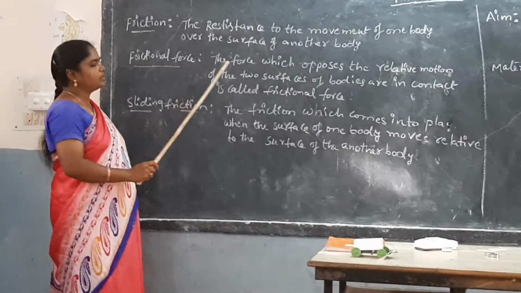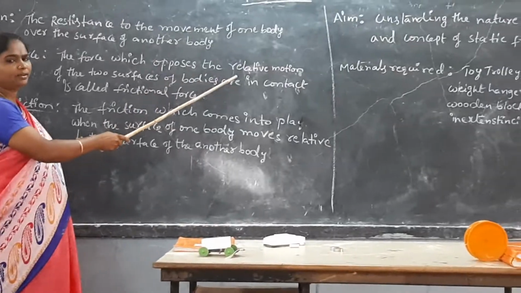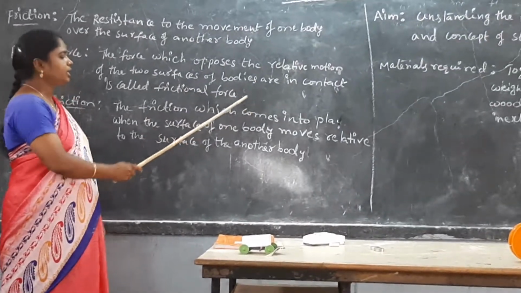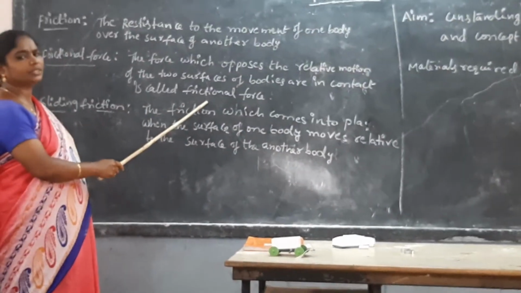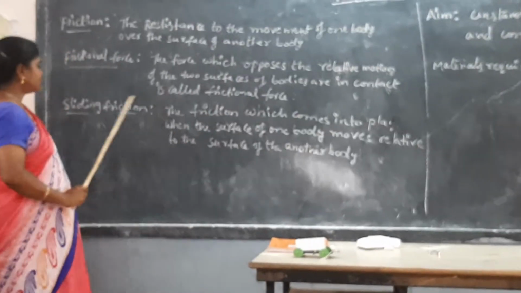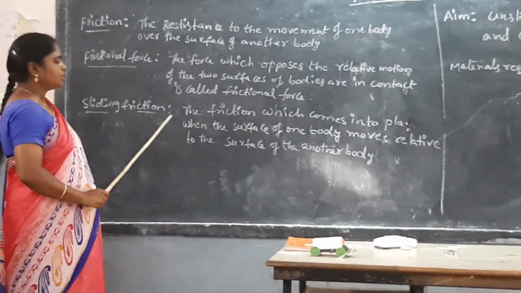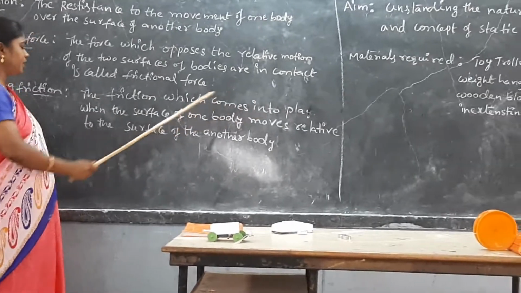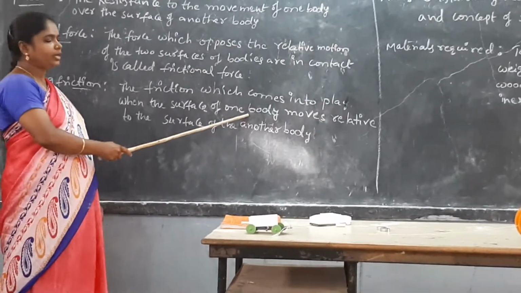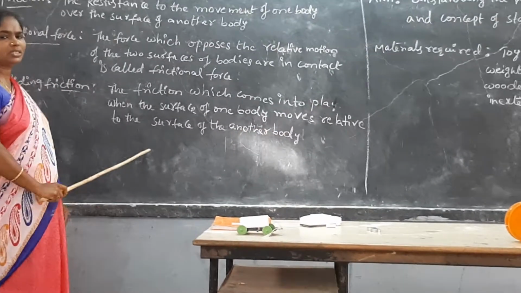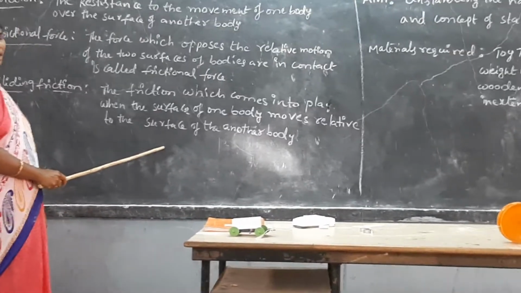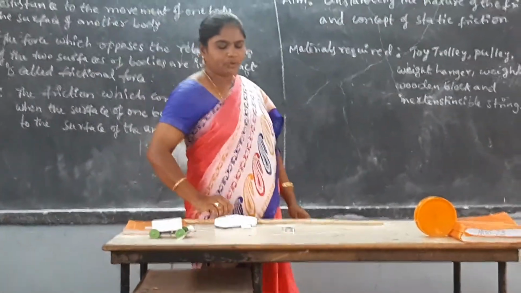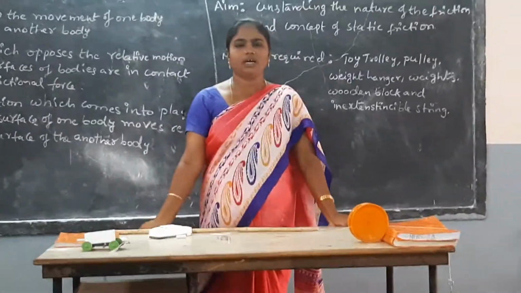Frictional force is the force which opposes the relative motion of the two surfaces of bodies in contact. Sliding friction means the friction which comes into play when the surface of one body moves relative to the surface of another body.